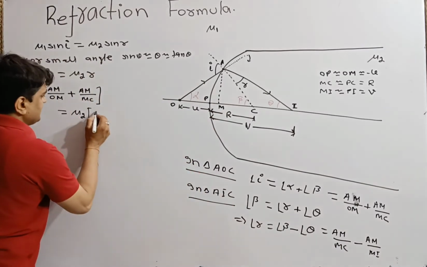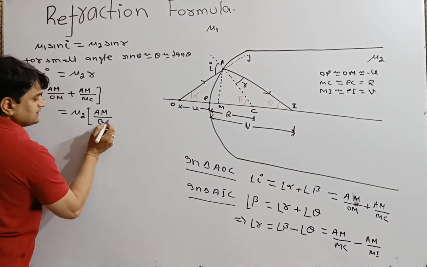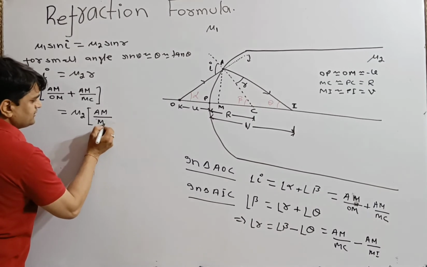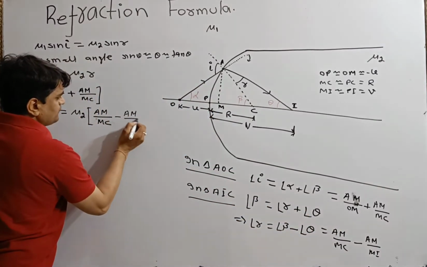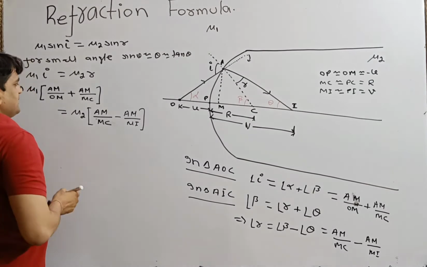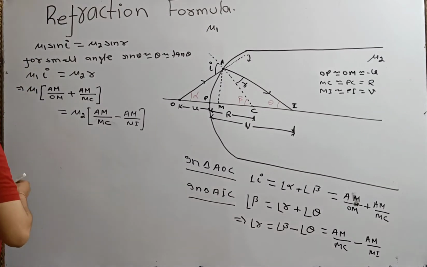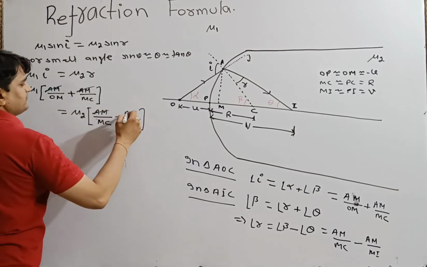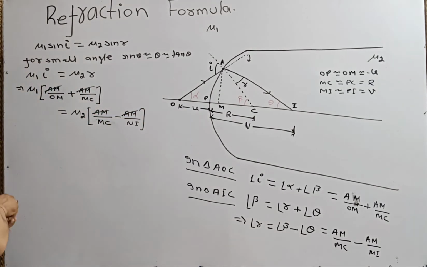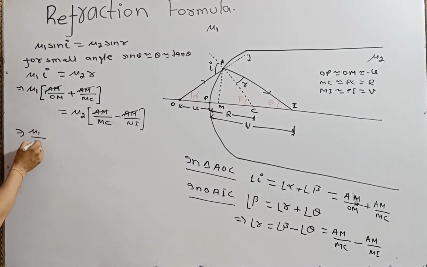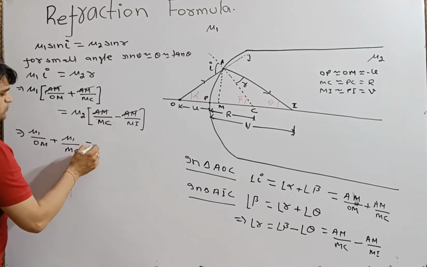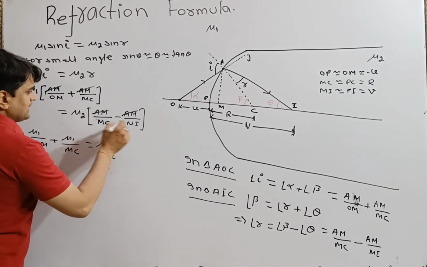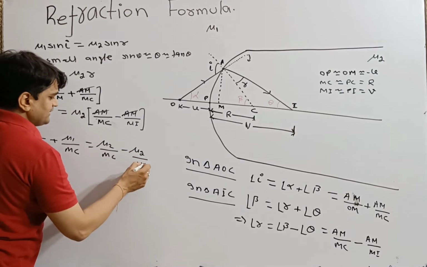AM upon MC minus AM upon MI. Now see, AM is common, it will be cancelled out, and rearranging, it will be mu1 upon OM plus mu1 upon MC equal to mu2 upon MC minus mu2 upon MI.